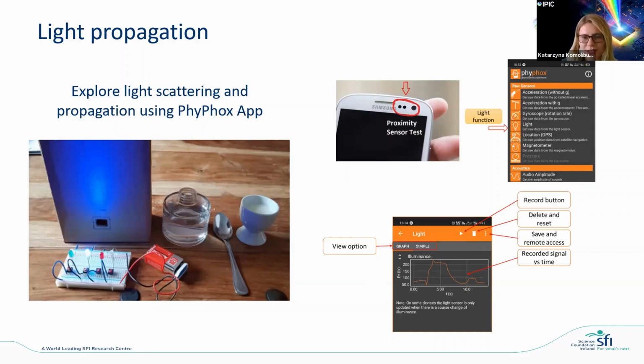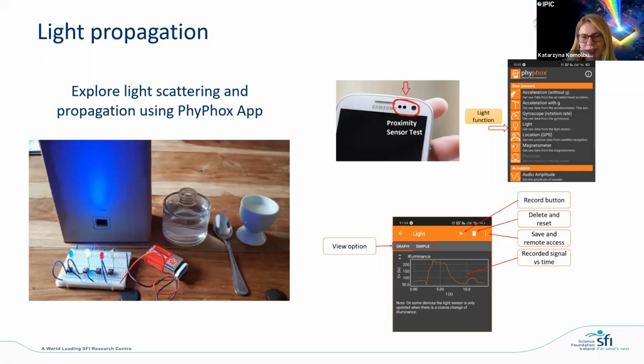The light sensor that we will explore in this experiment is typically placed on the front of your smartphone, just next to your front camera, but that might be model dependent, so you have to figure out where it is in the case of your phone. We will use the light function of that app to record the changes in the light intensity. What you will need for this experiment is only water and some milk, and maybe a dark place to be able to observe the effects a little bit better.